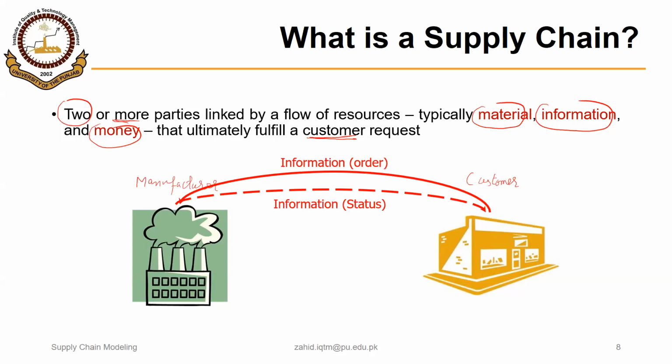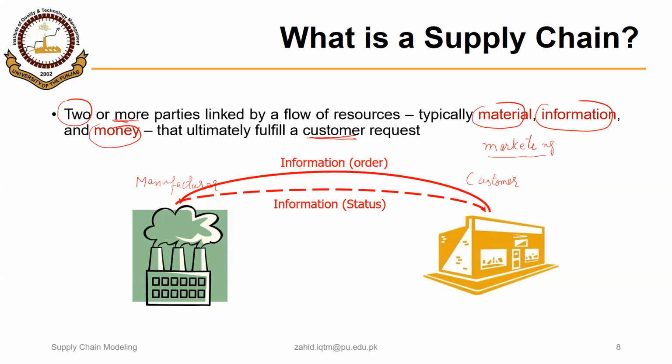But of course, information sometimes can start with the manufacturer or retailer as well, just like we see in marketing. For example, mass marketing introduces a new product, so information related to the new product is communicated to the customer by the manufacturer. So the basic point here is that this information flow is two-way.